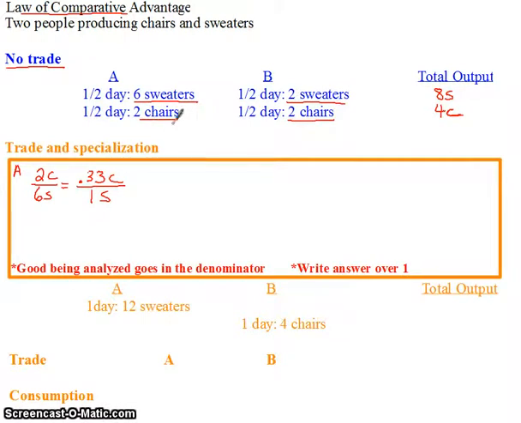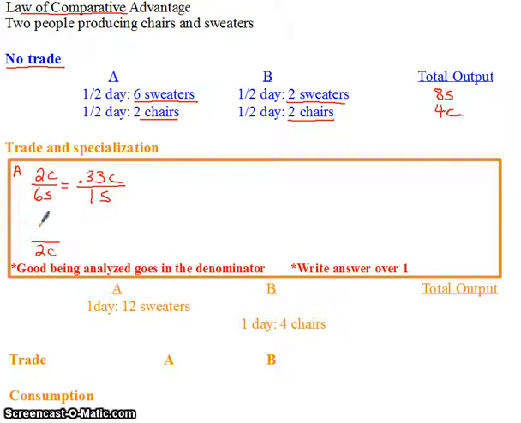For A to produce chairs, chairs is now the good we are analyzing, so it goes in the denominator. This is going to be 2 chairs in the denominator. In half a day, he can make 2 chairs. So what does he give up? In that half day, he could have made 6 sweaters if he wouldn't have made those 2 chairs.